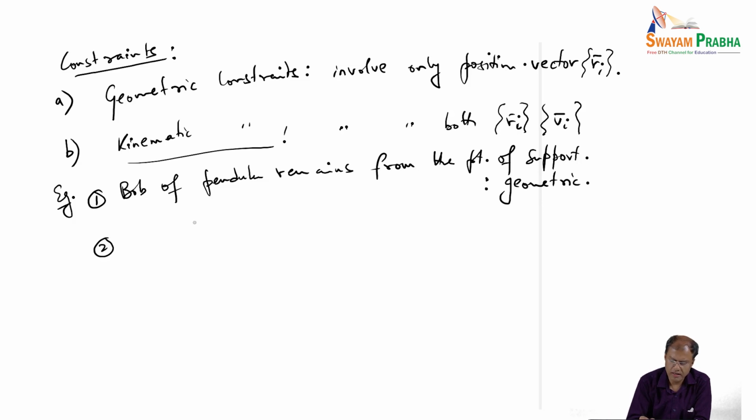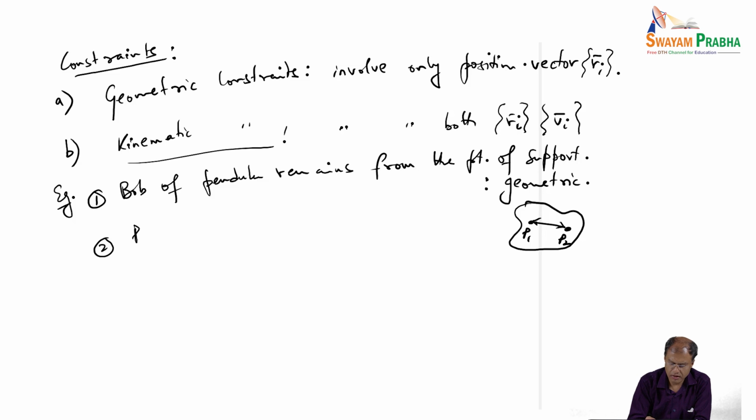Another example is particles on a rigid body. Suppose you have a rigid body and you are considering two particles, let's say P1 and P2. Whatever happens to the motion of this rigid body, the distance between the two particles is always going to be fixed because it is a rigid body. So that is also a case of geometric constraint.